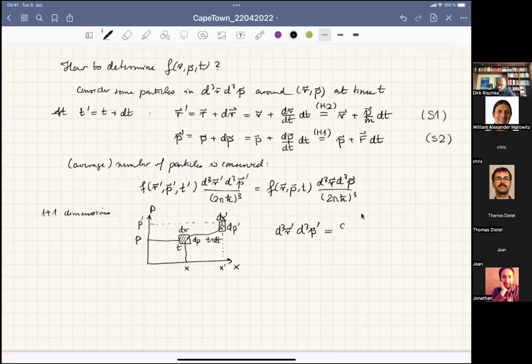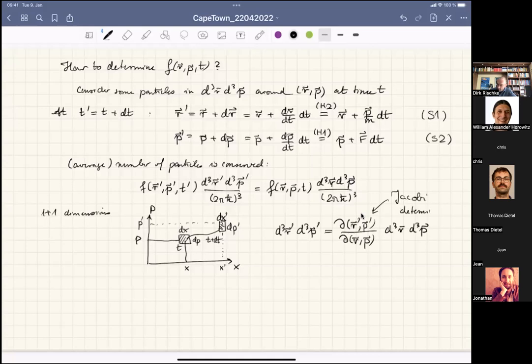If you change these variables back to the old variables, you would have to compute a Jacobi determinant of this kind, a 6-dimensional Jacobi determinant. Then you perform the variable shift. This is the Jacobi determinant.